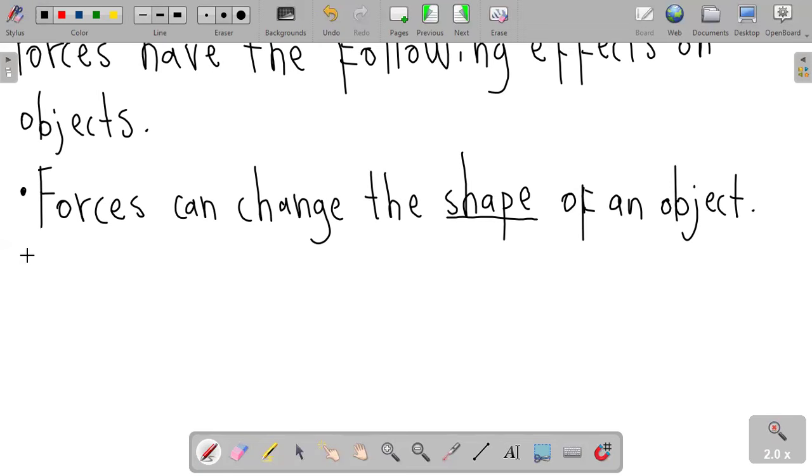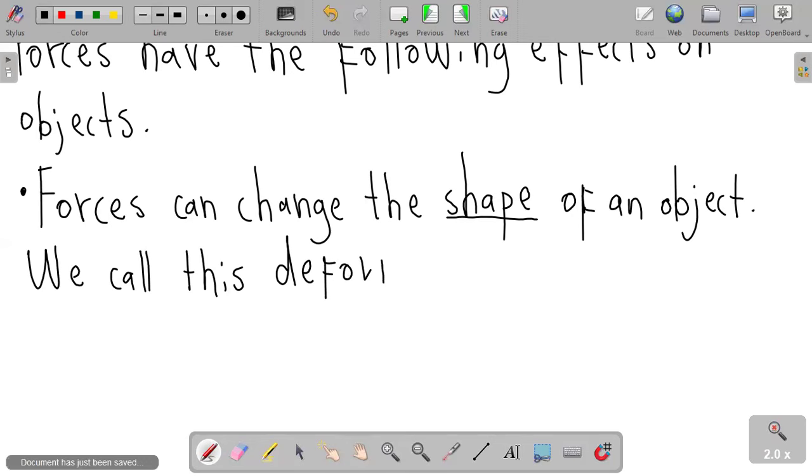We call this deformation, when the force changes the shape of an object. We call this deformation. Again, it's another definition. Deformation.